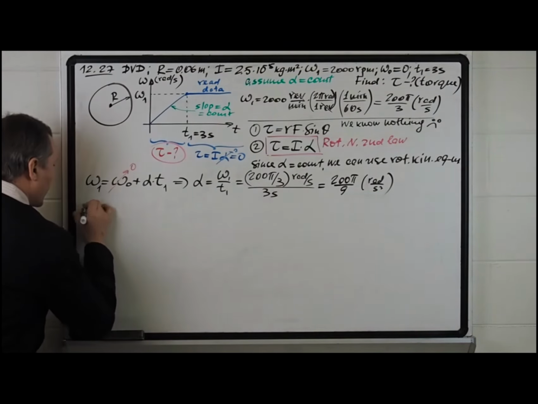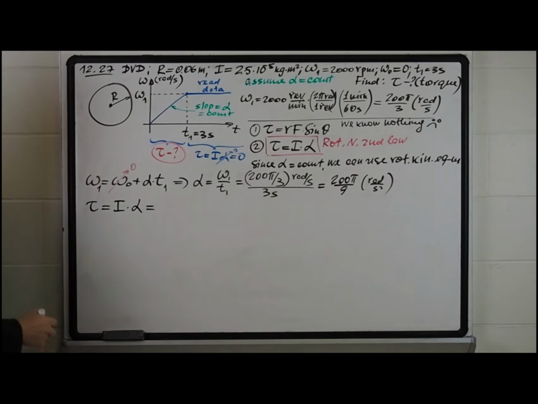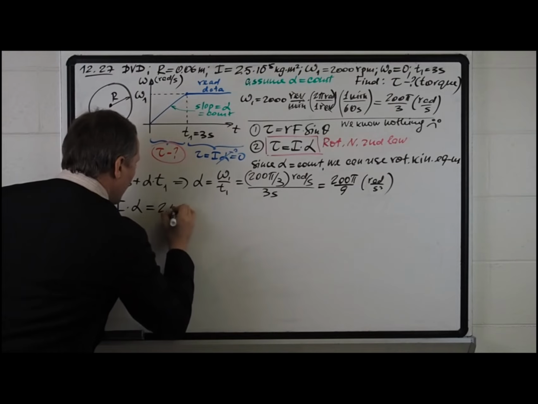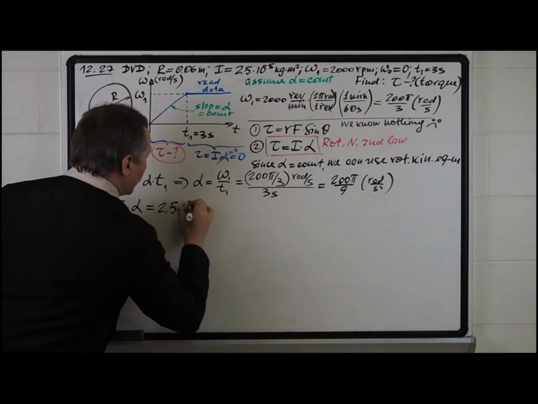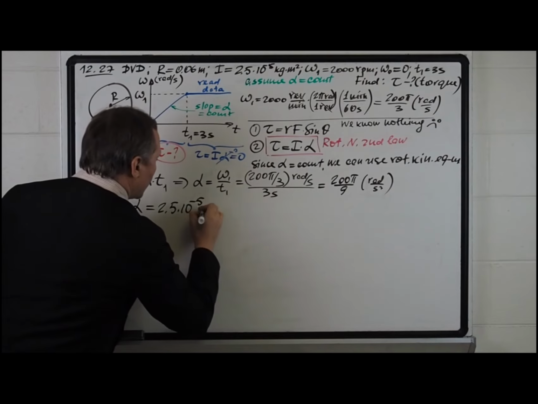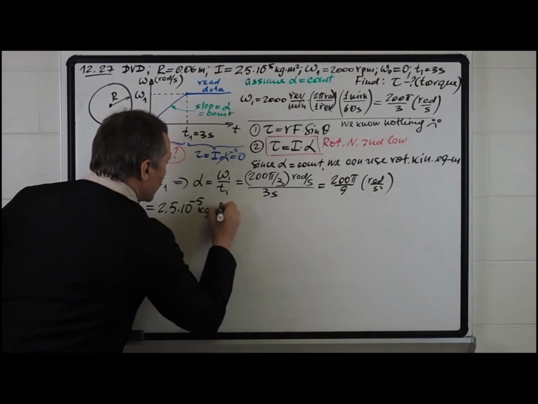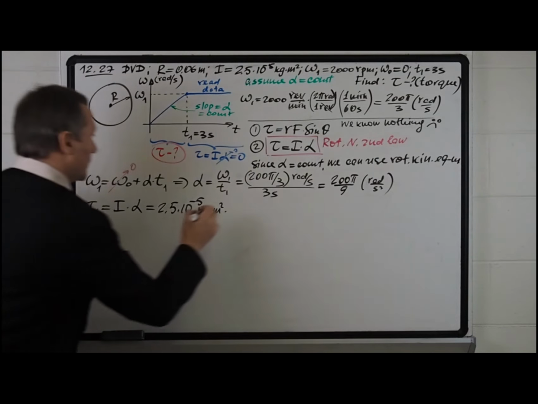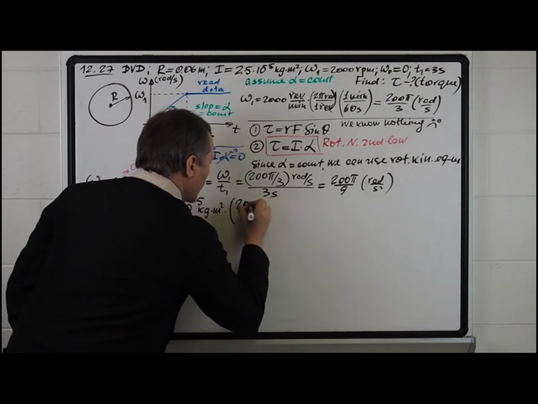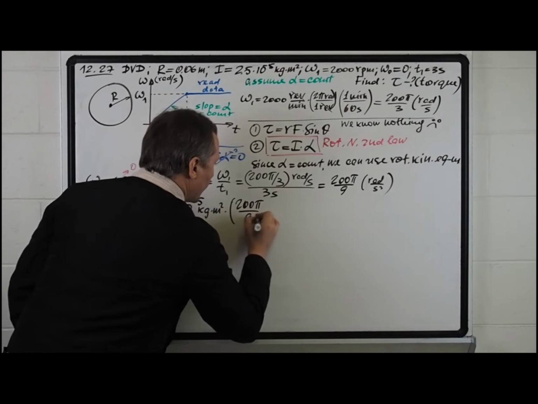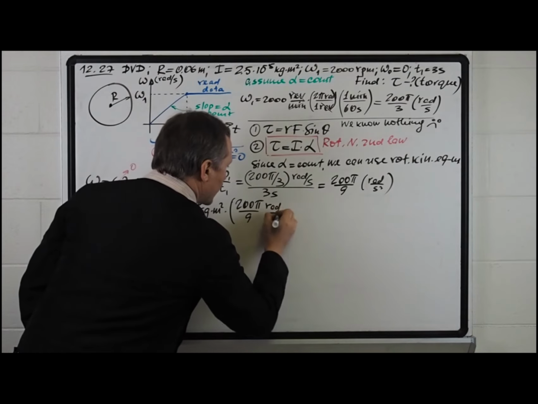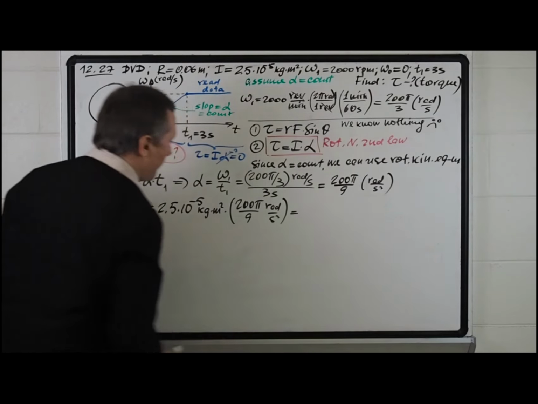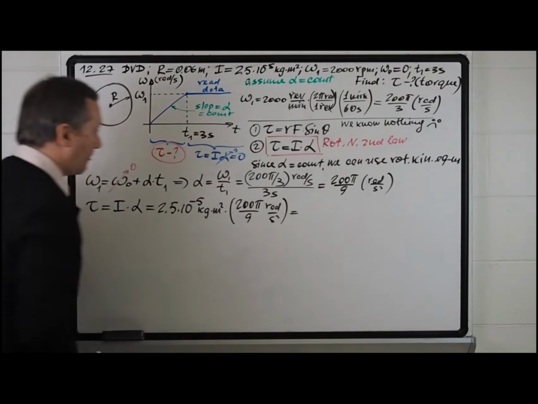Torque equals I alpha. Moment of inertia is given, 2.5 times 10 to the power of minus 5 kilograms times meter squared, times alpha, 200 pi divided by 9 radians per square second. Okay, if you multiply it, I'm going to look at my notes.